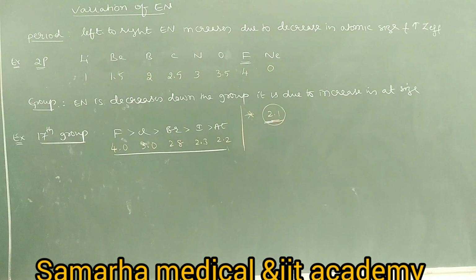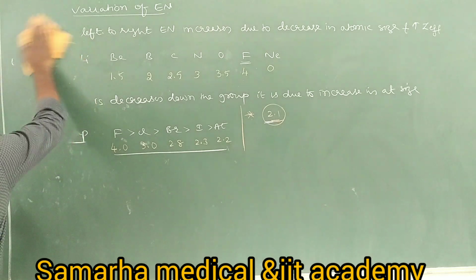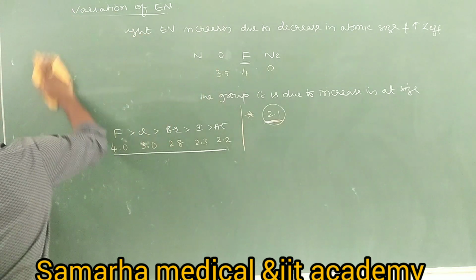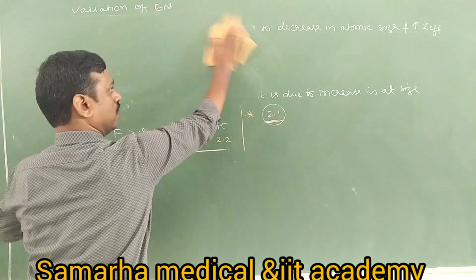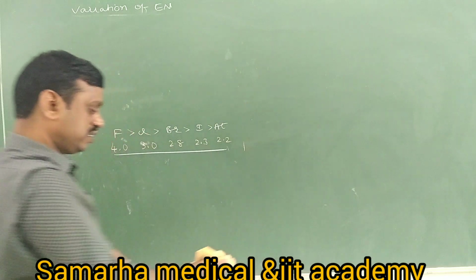Next, it is better to take electronegativities of s and p block elements. It helps you understand concepts easily, right? So now tell me, down the group it decreases, left to right it increases.